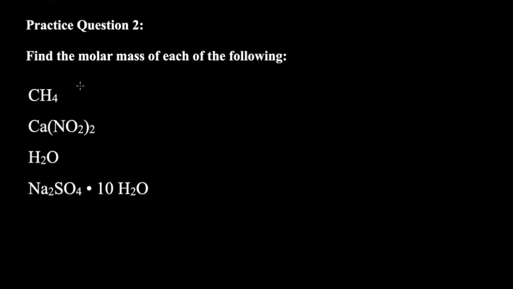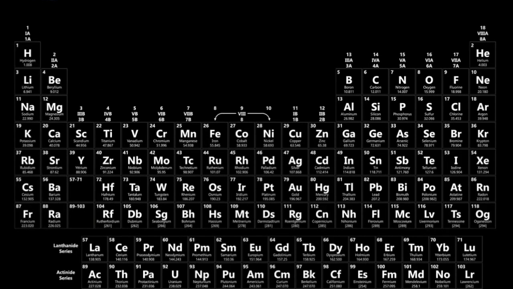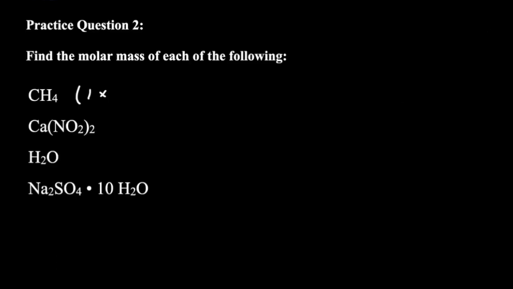So you want to do 1 carbon times, and you want to go to the periodic table. If we look at carbon, it's going to be right here, and that's going to be this 12 right there. So then you want to put a 12 down, and then you want to add that to, you have 4 hydrogens right here.